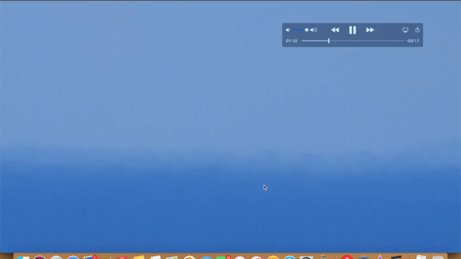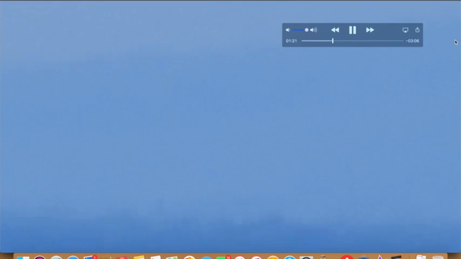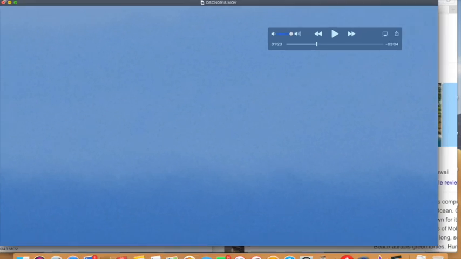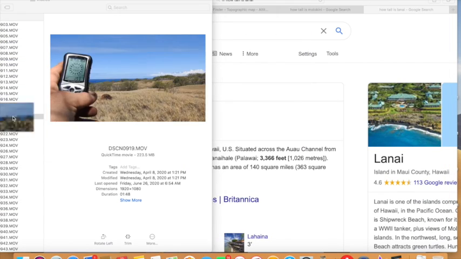So no more Makena visible on the shoreline of Maui. Okay, next one. 193.